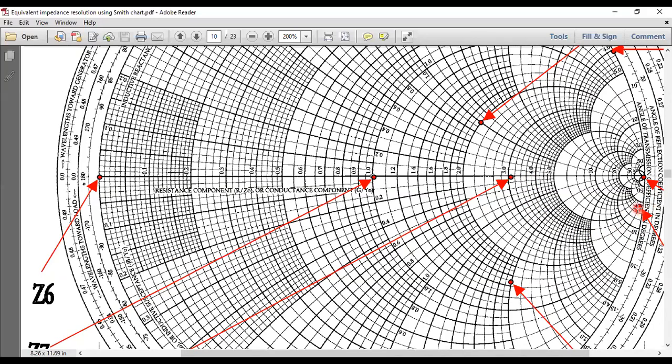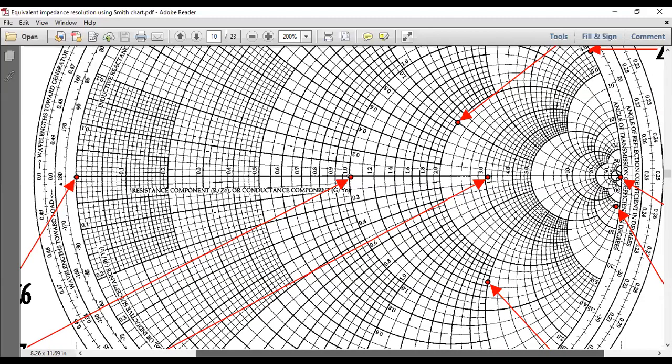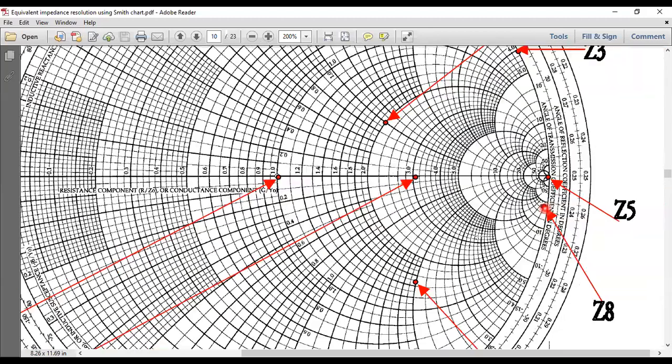So here you have to do some approximation. So this is your last Z8. Z8 you have to draw properly. I'll repeat it again. So here 3.68. The 3.68 line is not there. This is 3 and this is 4. So between 3 and 4, 5 lines are there. Each line is of 0.2.